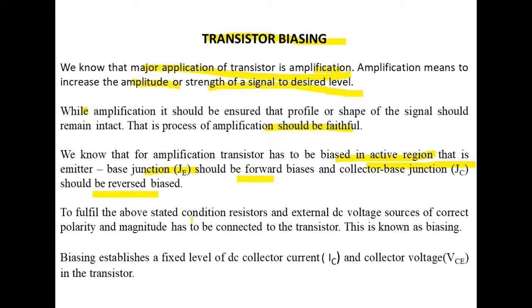To fulfill these conditions, resistors and external DC voltage sources of correct polarity and amplitude have to be connected to the transistor. This is known as biasing. Biasing establishes a fixed level of DC collector current IC and collector voltage VCE in the transistor.